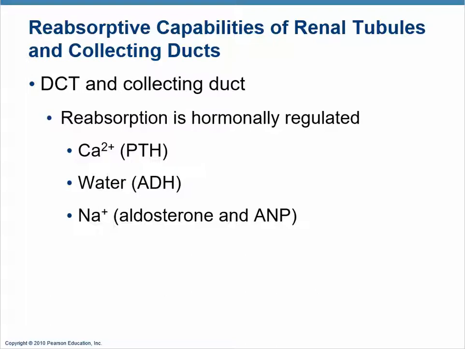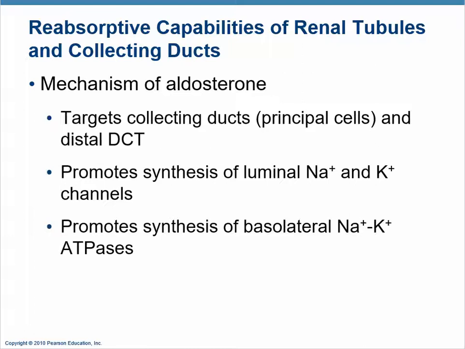And this controls the homeostasis of blood pressure, of hydration, of calcium. So this has effects on bones. This has effects on a lot of different things. So aldosterone targets the principal cells in the ducts and the distal convoluted tubule.